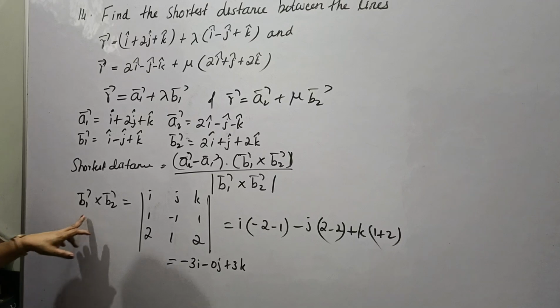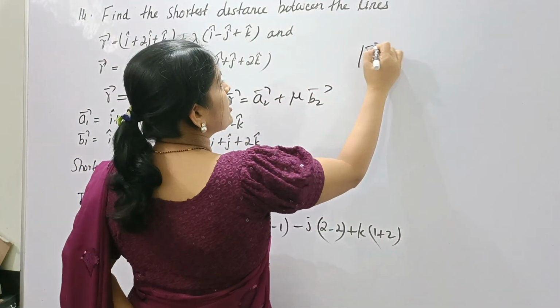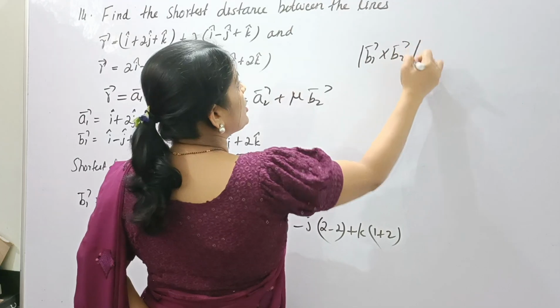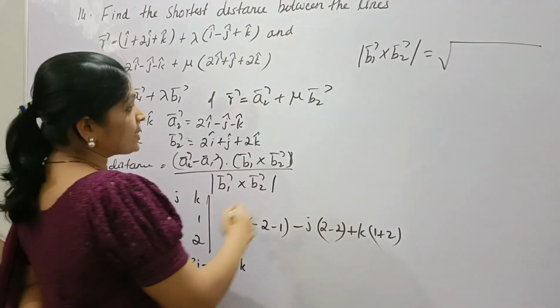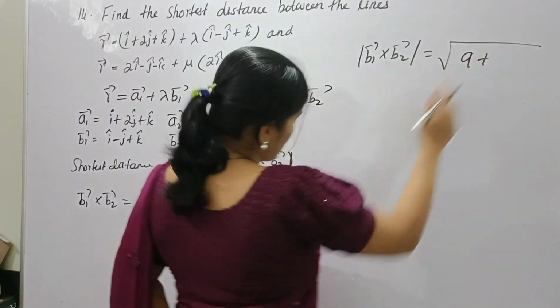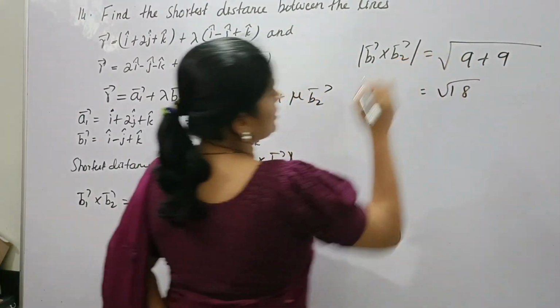Okay, now let's find modulus of vector B1 cross vector B2. It is equal to square root of (minus 3) square 9 plus 3 square 9, that is equal to square root of 18.